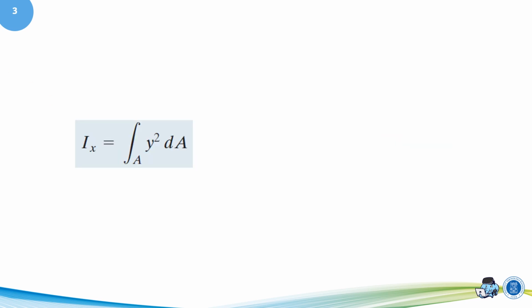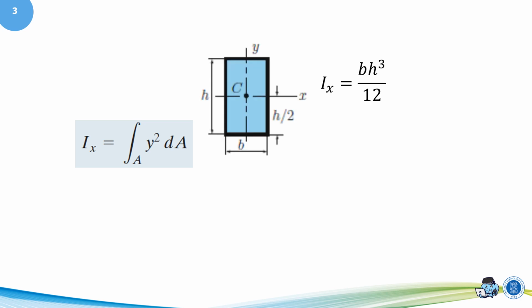In this particular slide, I will discuss the moment of inertia for two of the most common shapes. The first one is the rectangle like this. By using this equation, we can find that the moment of inertia against the x-axis here will be b h to the power of 3 divided by 12.